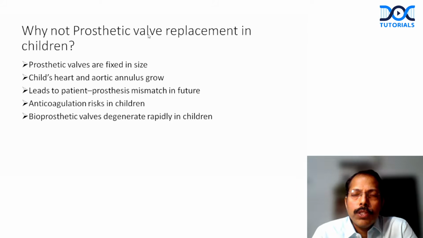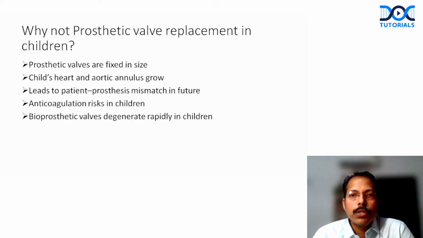And why not prosthetic valve replacement in children? The prosthetic valves are fixed in size. Okay, it won't grow with the child. The child's heart and annulus actually grow, so we should avoid prosthetic valve. And this prosthetic valve can lead to patient-prosthesis mismatch in future.